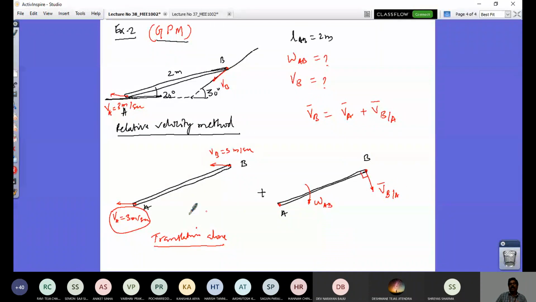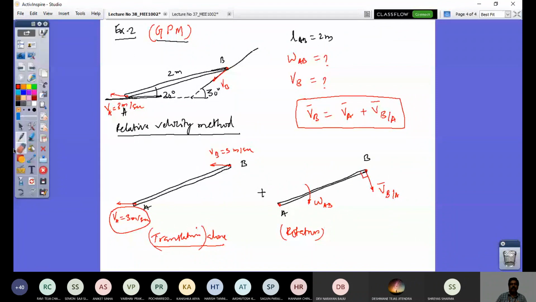So this one equation brings in the resolution of this general plane motion as translation first plus rotation. So this is rotation, this is translation.